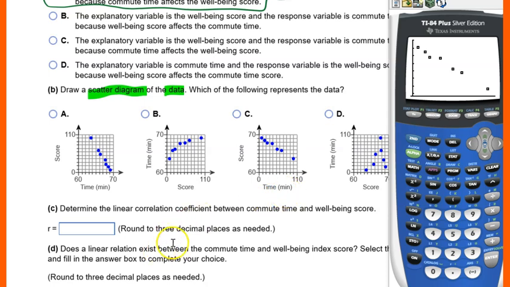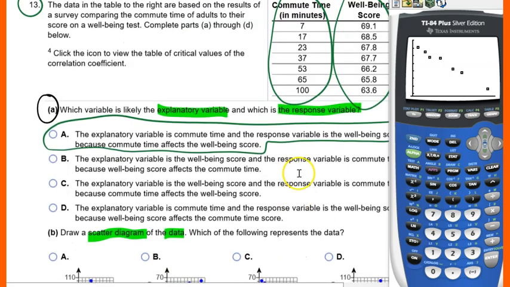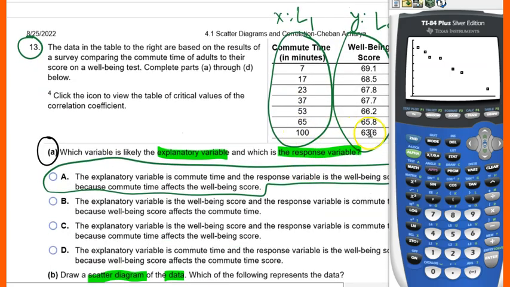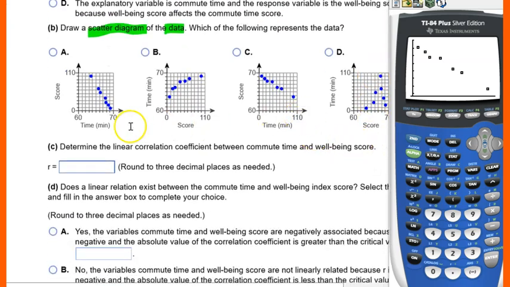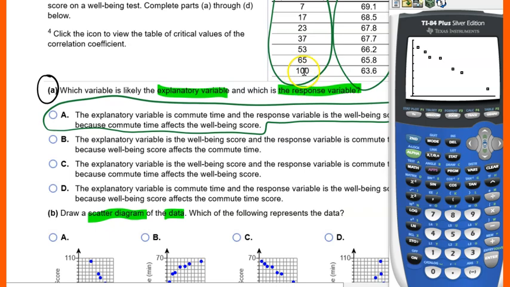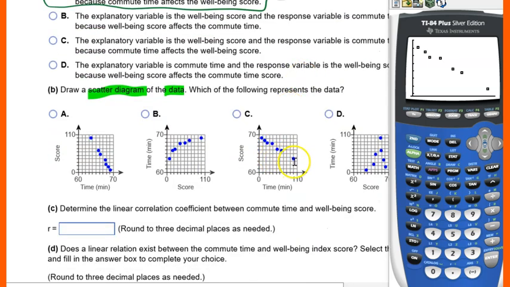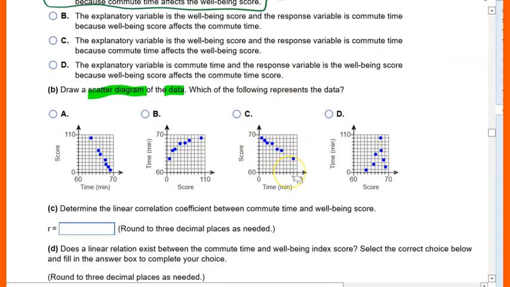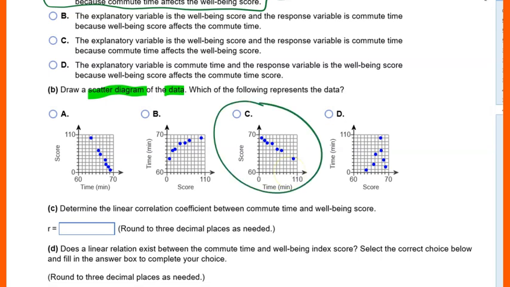Now, to find the correct one, let's see which choice is similar to this scatter plot. Obviously C. Of course this is pretty similar, but you have to check the well-being score at 100 is 63.6, but here in this scatter plot this dot doesn't correspond to 110, right? Sorry, 100. Therefore this must be the correct scatter plot, C, for this data set.